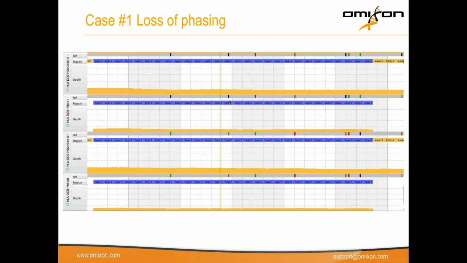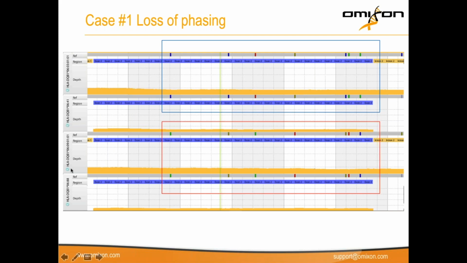If we first focus on exon 2, we can see that the nucleotide sequences of alleles 06:03:01:01 and 06:41 are actually identical, and the same applies for the other 2 alleles, 06:09:01:01 and 06:88.